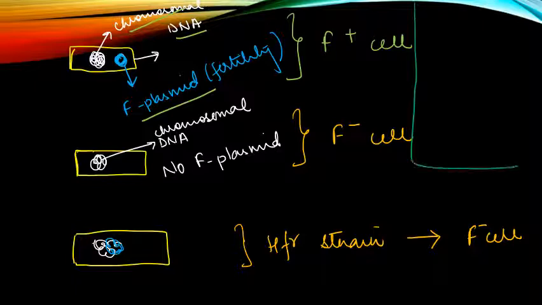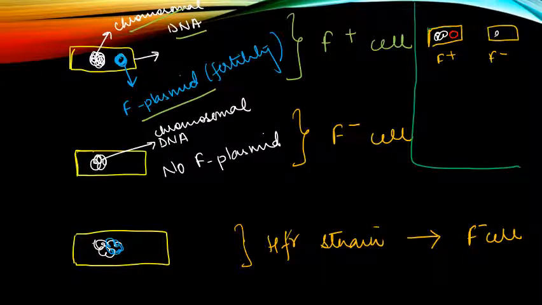Let me show you here. Everyone, this is one cell, this is another cell. This is F positive, this is F negative. Why F positive? Because it has a chromosome and a plasmid. The F negative cell does not have the F plasmid.